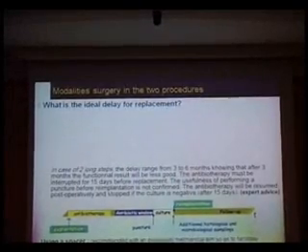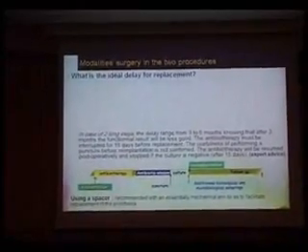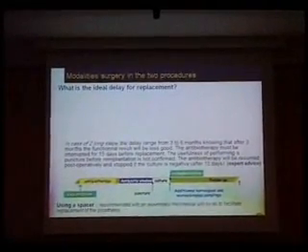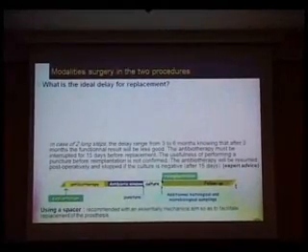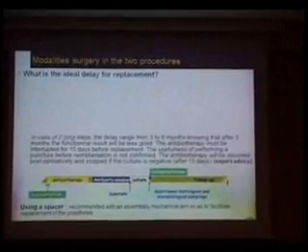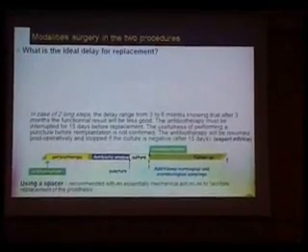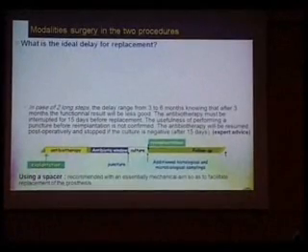In case of two long steps, we have first explantation of the infected knee prosthesis, then antibiotic therapy during 6 weeks to 12 weeks, then a 2-week period without antibiotic, which allows joint aspiration for bacterial culture after this period.